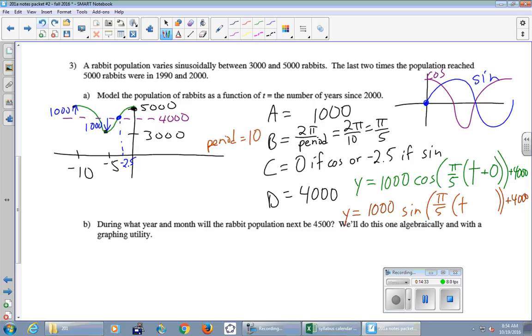Okay, so I have to really slow down whenever I do this kind of thing. Normally, my sine function would start in the middle and go up. I am trying to take that normal sine function and shift it which way? To the left.